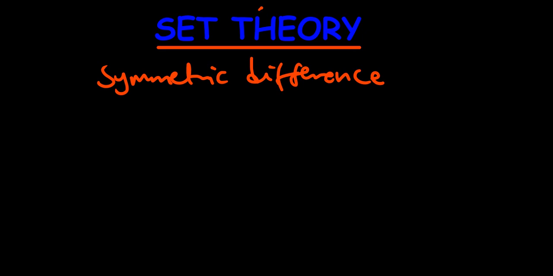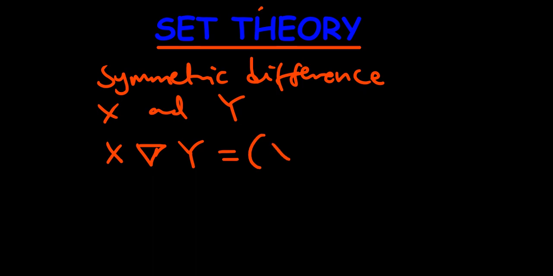Let's say we have two sets x and y. Then the symmetric difference, denoted with an inverted triangle like that, is defined to be x difference y union y difference x. This is how you get the symmetric difference.